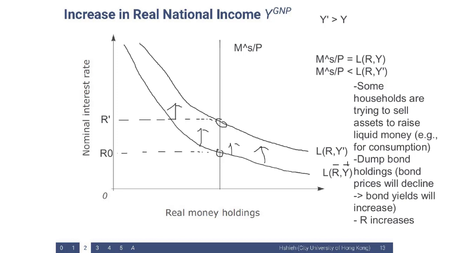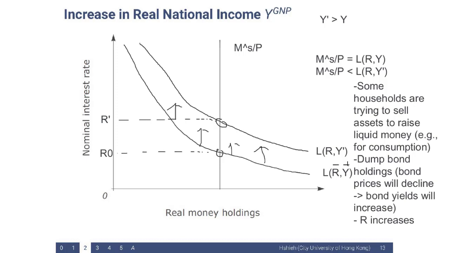I think I mentioned last week, if you don't see the variable in either of the axes, in this case Y, it most likely means that you have to shift the curve. Conversely, if you see changes in one of the axis variables, either R or in this case L, then you're just moving along the curve. So in this case, we're obviously going to shift the curve, and I'll explain to you mathematically why first.